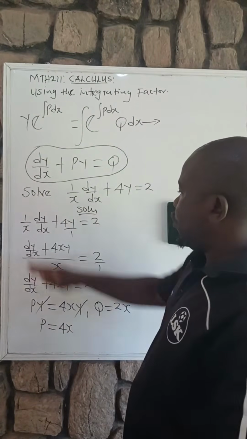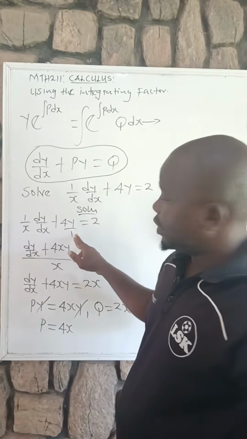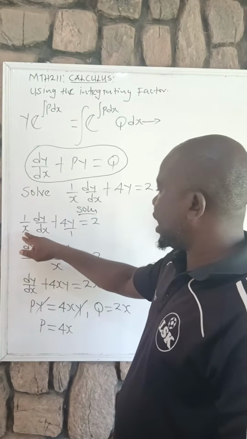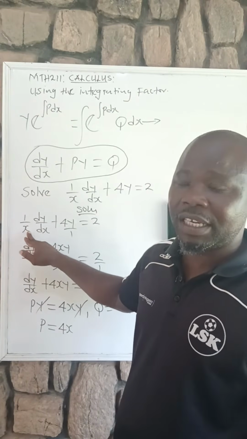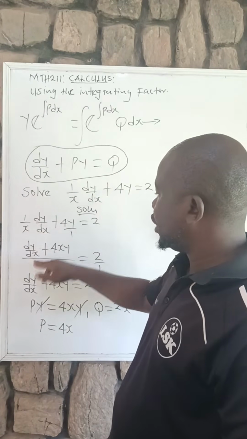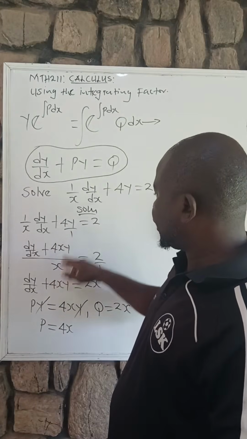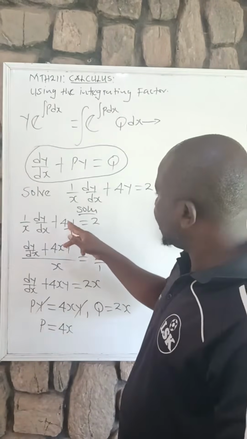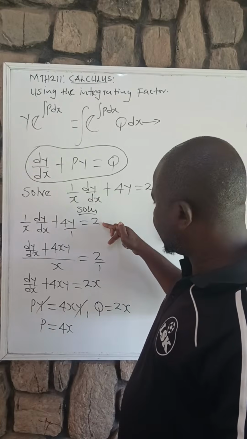How? We have to look for the LCM of this and this. The LCM of x and 1 is x. So x over x, that is 1. So 1 times 1 times dy over dx gives dy over dx plus x over 1, which is x, times 4y, we are going to have 4xy, equals 2.